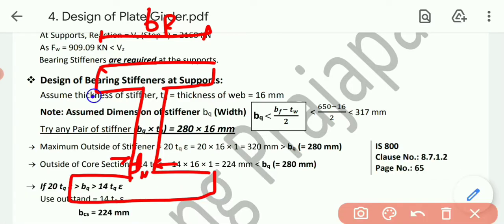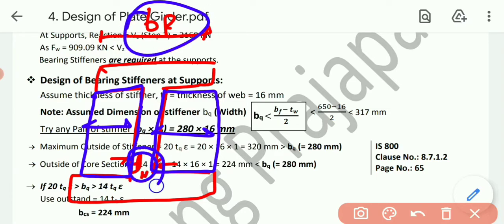We are going to provide stiffeners at the sides of the web, on both sides, like this. We have already seen this in the theory. So how much space is available? First, calculate this: it will be BF minus TW divided by 2. So ultimately I will get these dimensions. BQ, the width of stiffener, is this one.